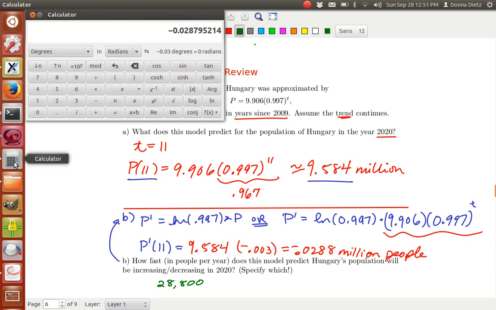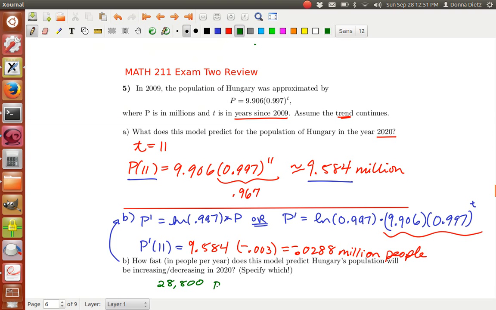I could grab more digits out of here if I want, but I don't have that much accuracy, but this is about right. If you said 29,000, that would be fine too. We do say 29,000 people, but we don't say 0.0288 million people. That's crazy. Okay. So, hopefully that made sense.